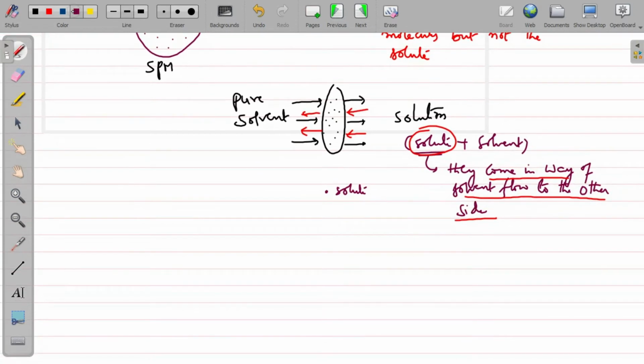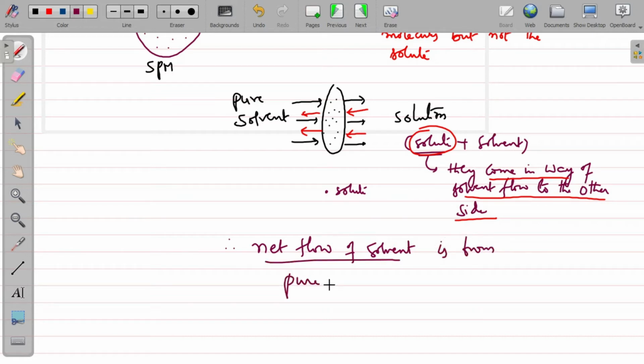So therefore the net flow of solvent, though solvent flows from both sides, is from the pure solvent side to the solution side.